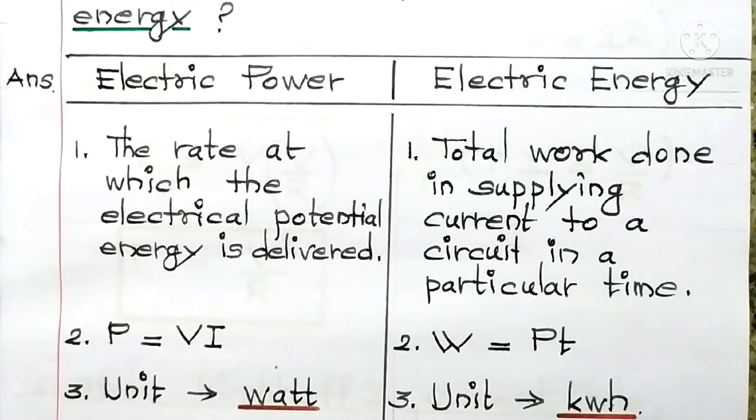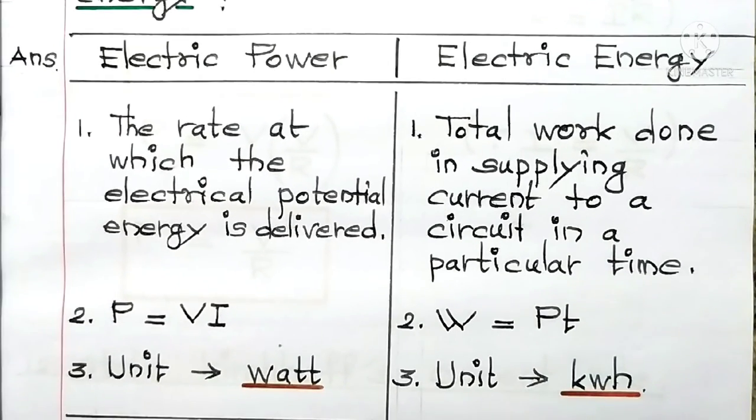Second point is the equation for electric power, which is capital P is equal to VI. Here W is equal to PT.